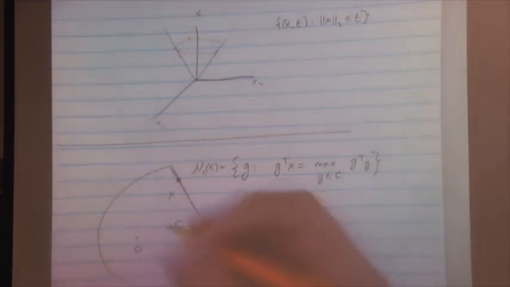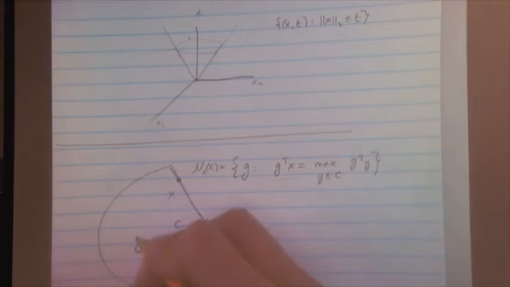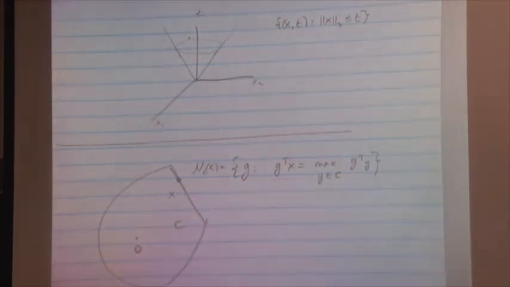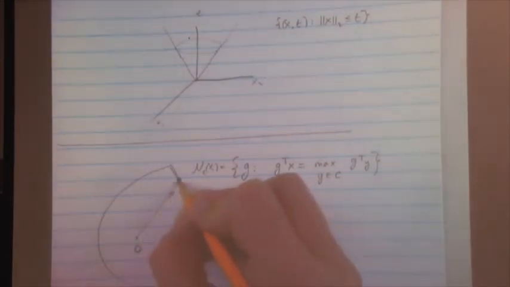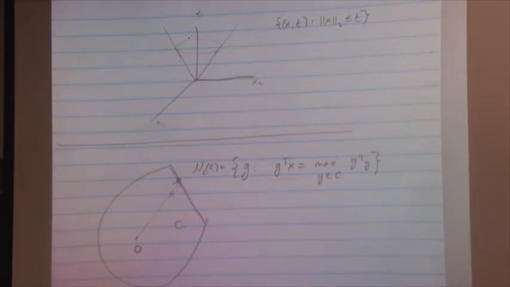I want to look at all vectors g whose inner product with x is bigger than the inner product with anything else in the set. Should be the extension of this one.